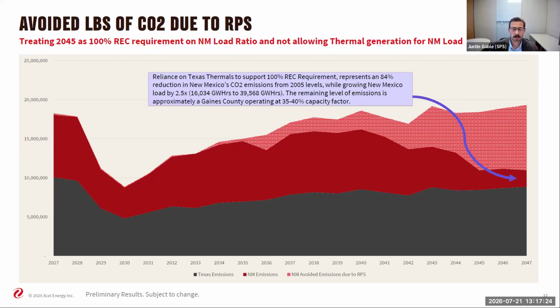SPS is a multi-jurisdictional system. It doesn't have a clear break between Texas and New Mexico on the transmission system. And so what we are seeing in the model is a reliance. The units on the y-axis are pounds.